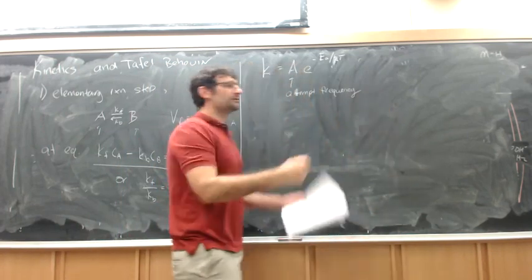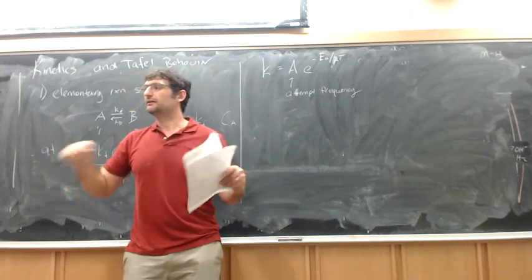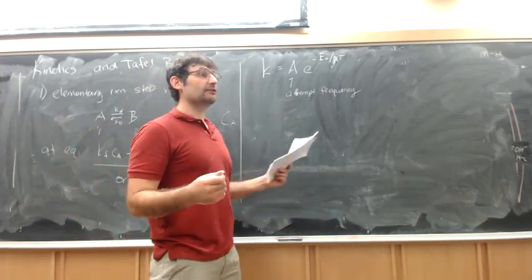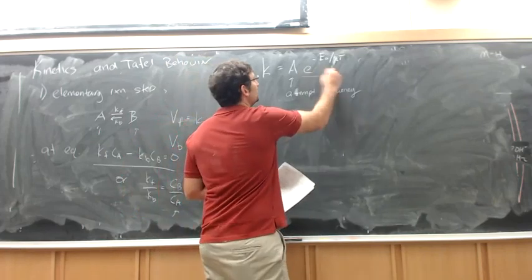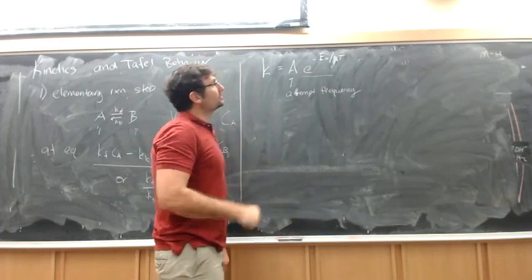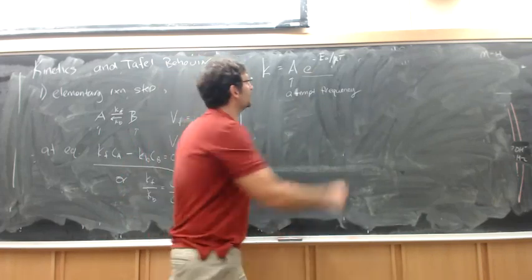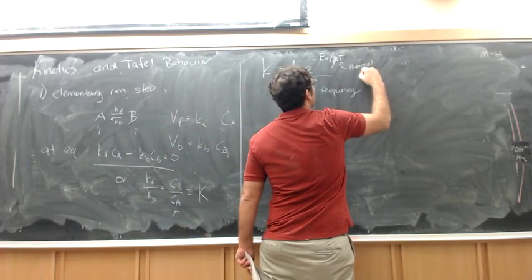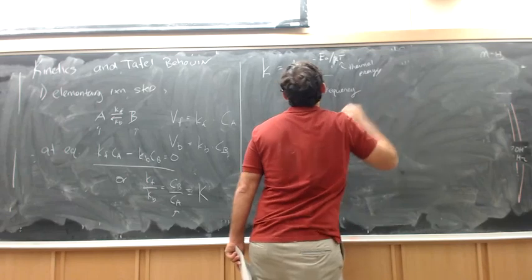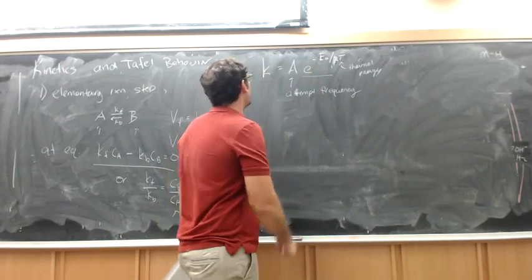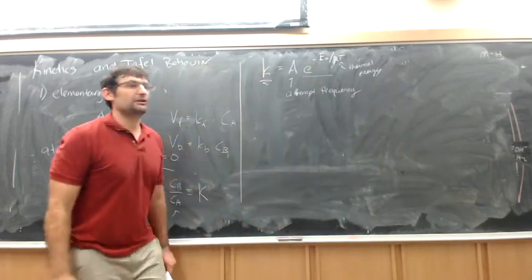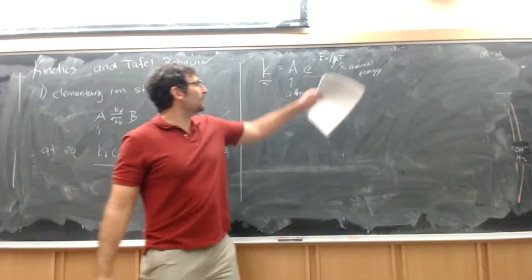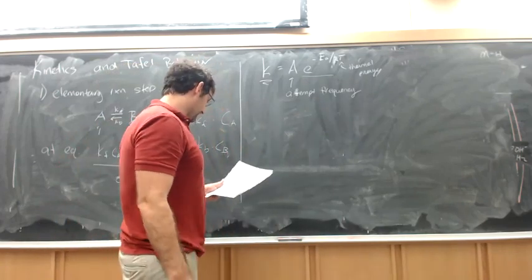So if you think about it, there's molecules randomly moving around, and there's some activation barrier you have to get over, and this kind of tells you what fraction of the collisions have enough energy to get over the activation barrier. This is thermal energy, right? This is how often they collide, and that gives you some information about what the rate constant for the reaction is. And so it's temperature activated.